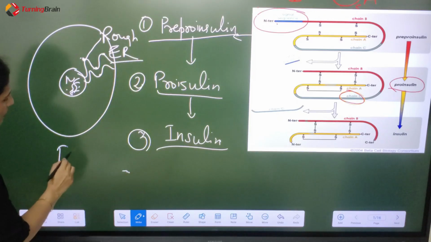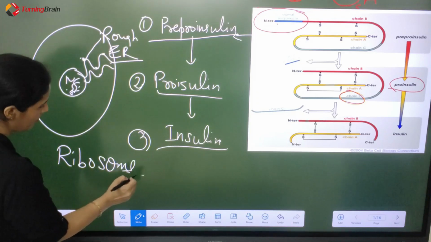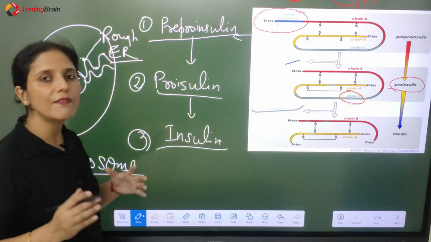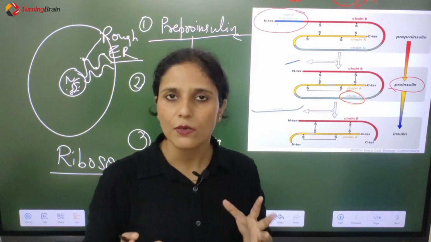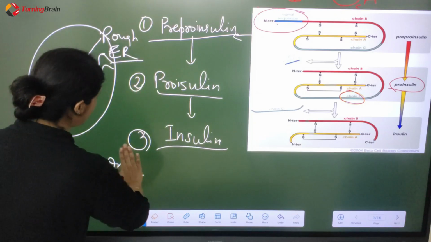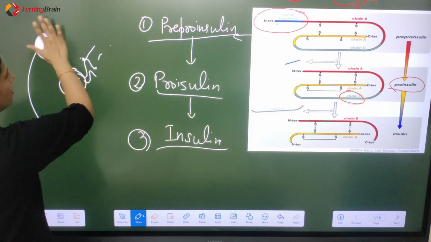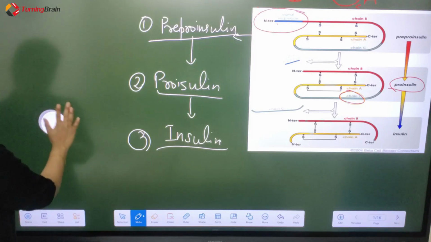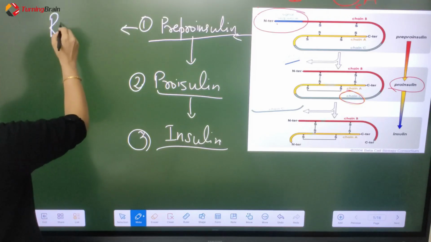On the rough endoplasmic reticulum, which is the site for protein synthesis? Ribosomes. So on the rough endoplasmic reticulum there are ribosomes where protein synthesis occurs. Similarly, this peptide hormone is synthesized in the rough endoplasmic reticulum. This pre-proinsulin is synthesized in the ribosome.